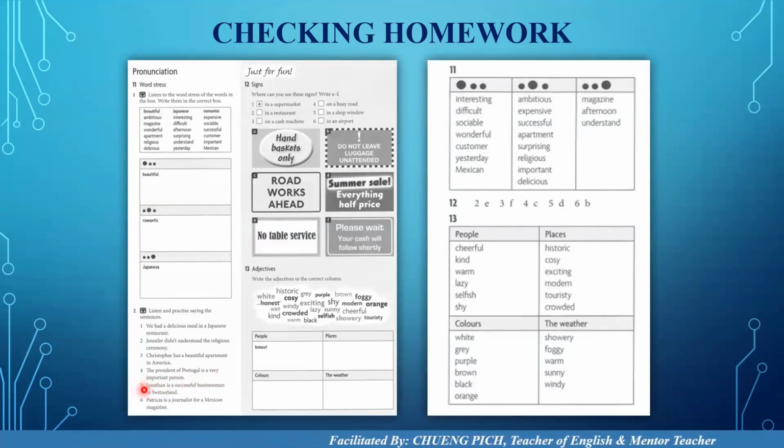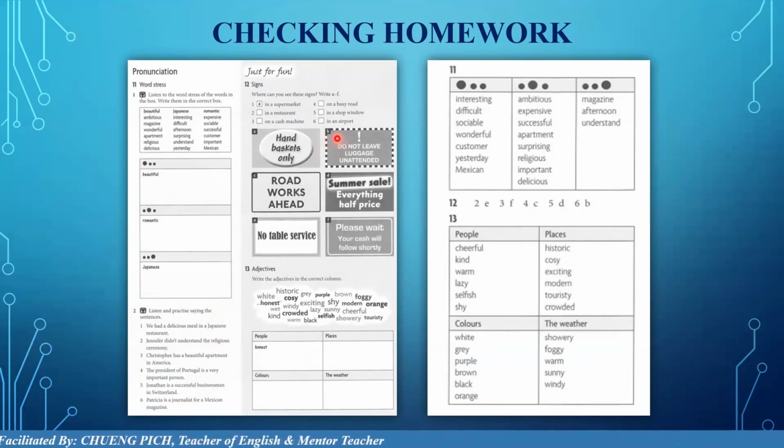Number 5, Jonathan is a successful businessman in Switzerland. Number 6, Tisha is a journalist for a Mexican magazine. We read these again and again just to improve our reading.